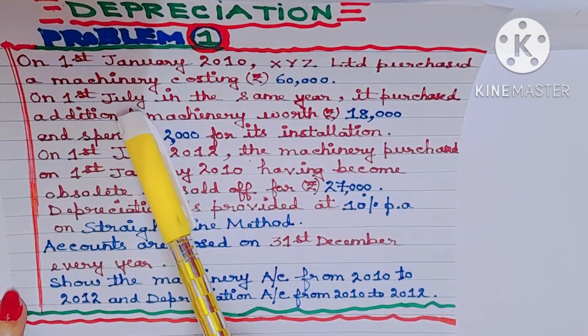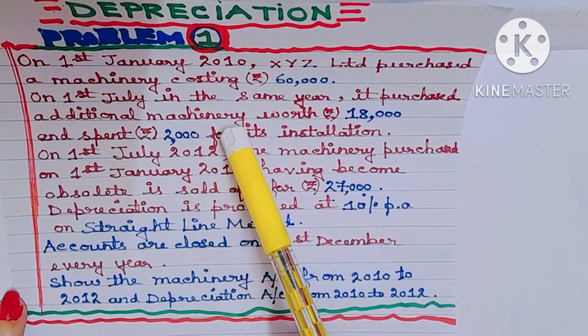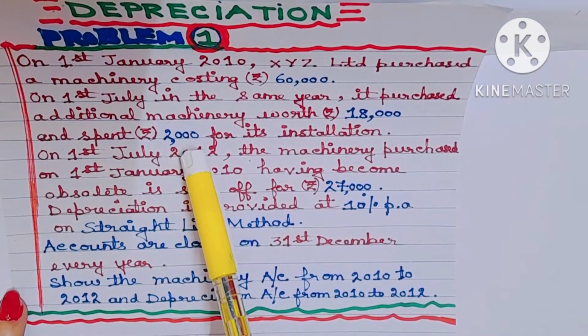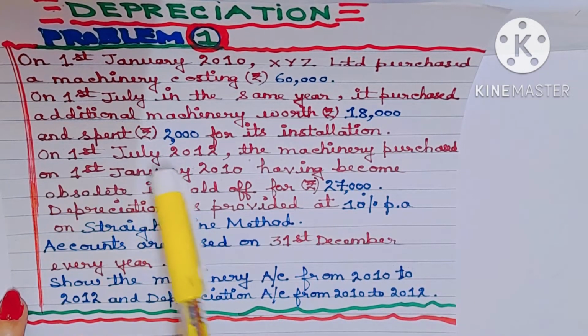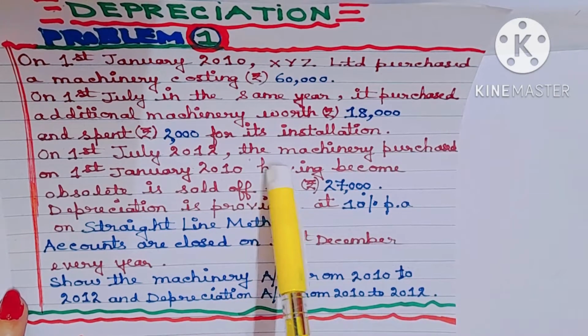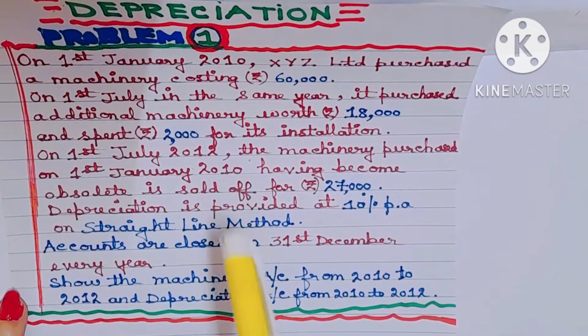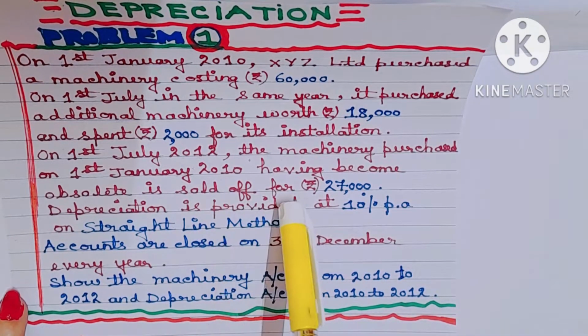On 1st July in the same year, it purchased additional machinery worth rupees 18,000 and spent 2,000 for its installation. On 1st July 2012, the machinery purchased on 1st January 2010, having become obsolete, is sold off for rupees 27,000.